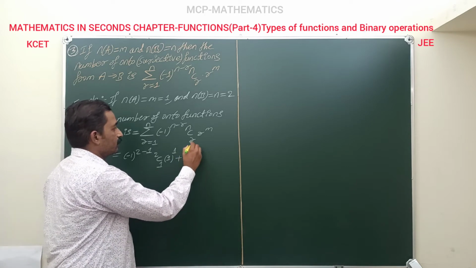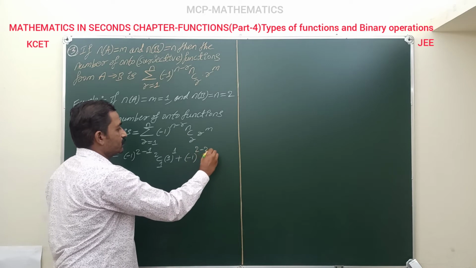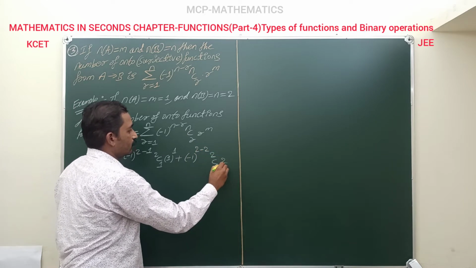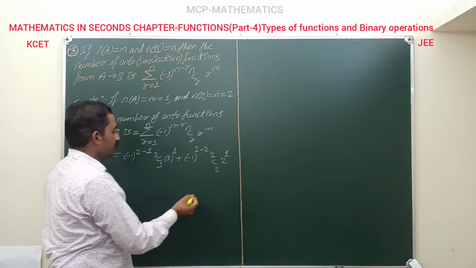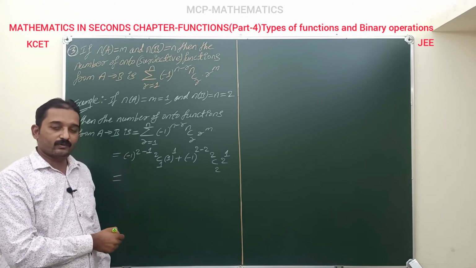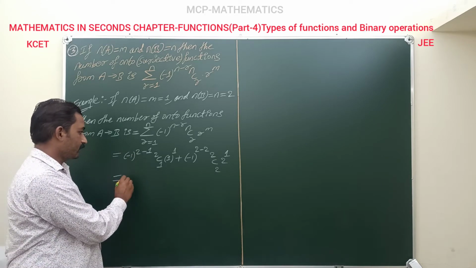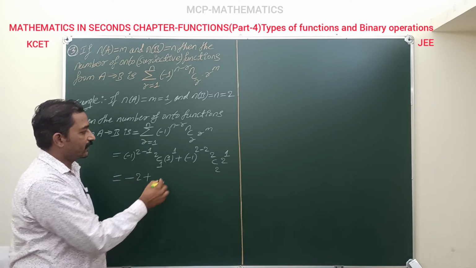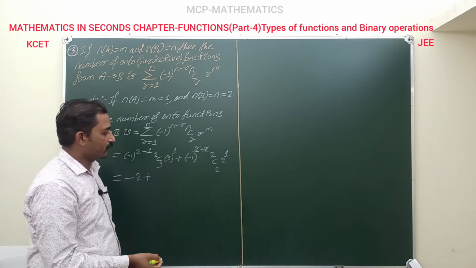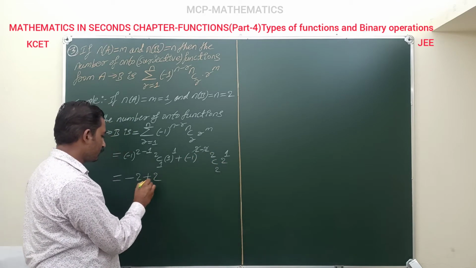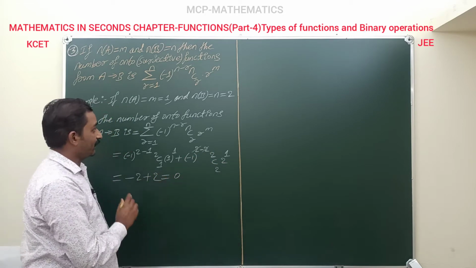Minus 1 to the power of 1, 2C1 is 2, 1 to the power of 1, so minus 2, plus (-1) to the power of 0 is 1, 2C2 is 1, 2 power 1 is 2. So plus 2 and minus 2 cancel each other, it becomes 0, correct.